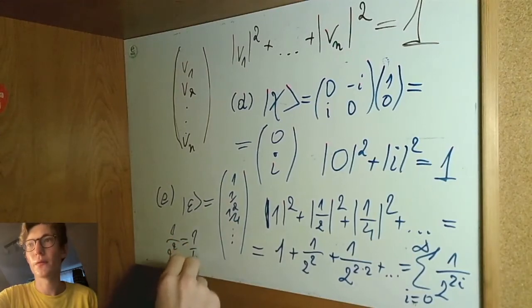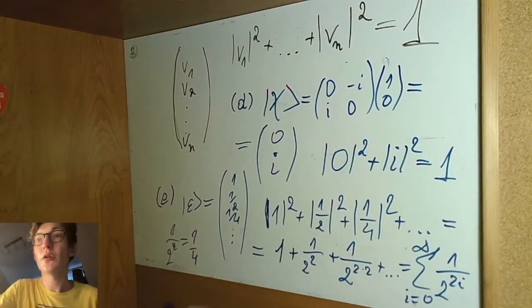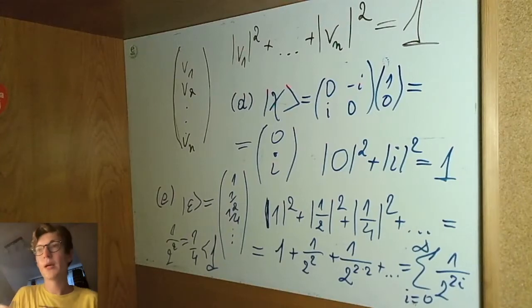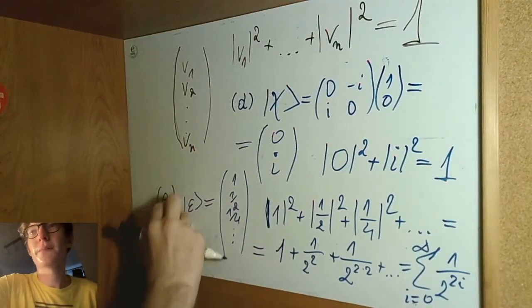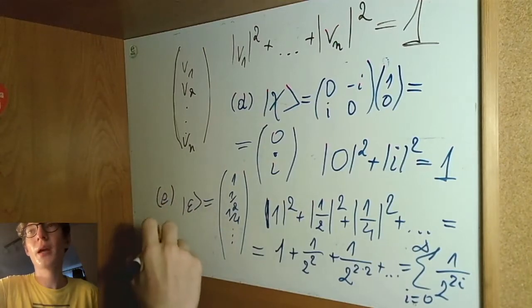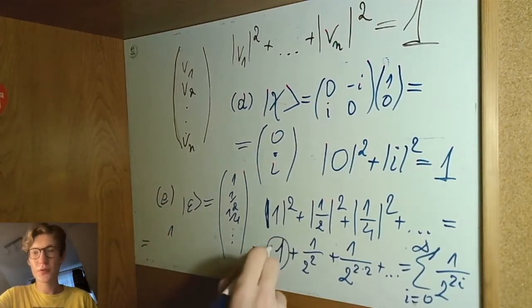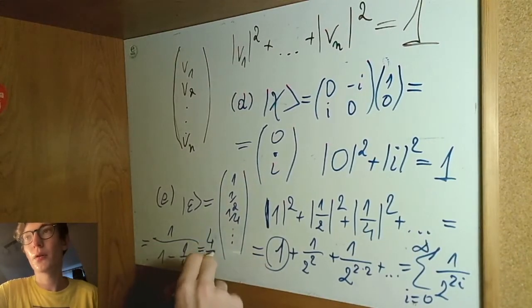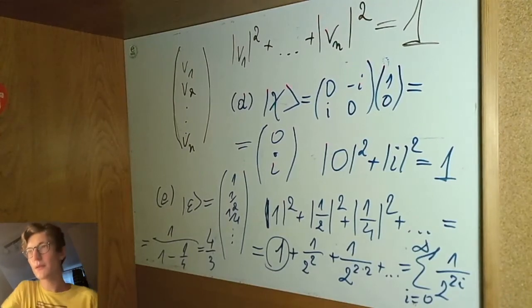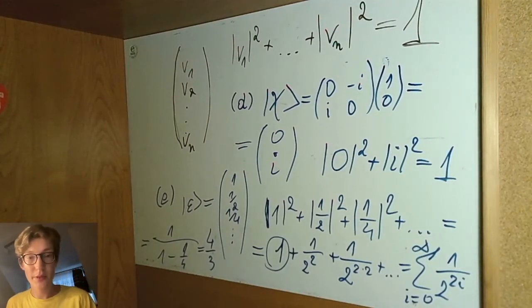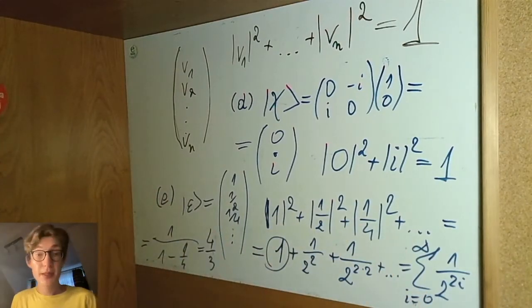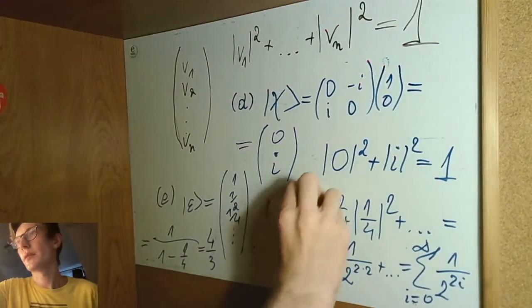Of course, it's smaller than 1, so this series converges to some number. We can compute this series as 1, because that's the first term, over 1 minus 1 over 4, so it's 4 over 3. That means it is not a plausible state vector, because this whole number doesn't equal 1, but we can still normalize it.